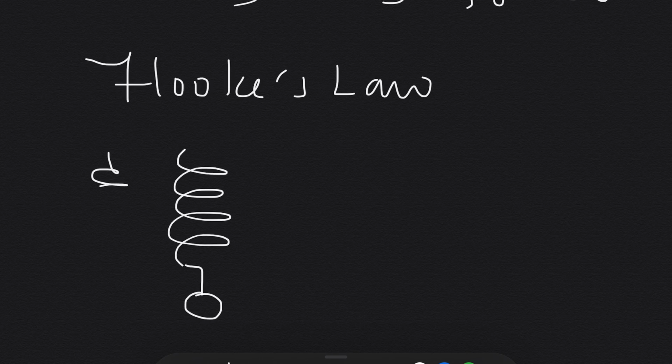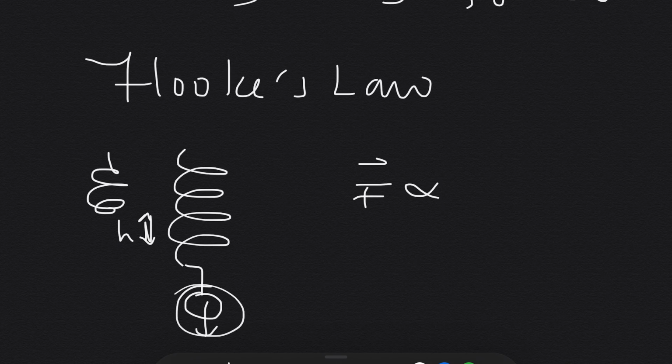So let's say the spring was initially at this height. And then after putting that little weight, it went down by height h. So what it's saying is whatever force this weight is applying, that force is directly proportional to the extension, which I called h. Let's call it x, all right?